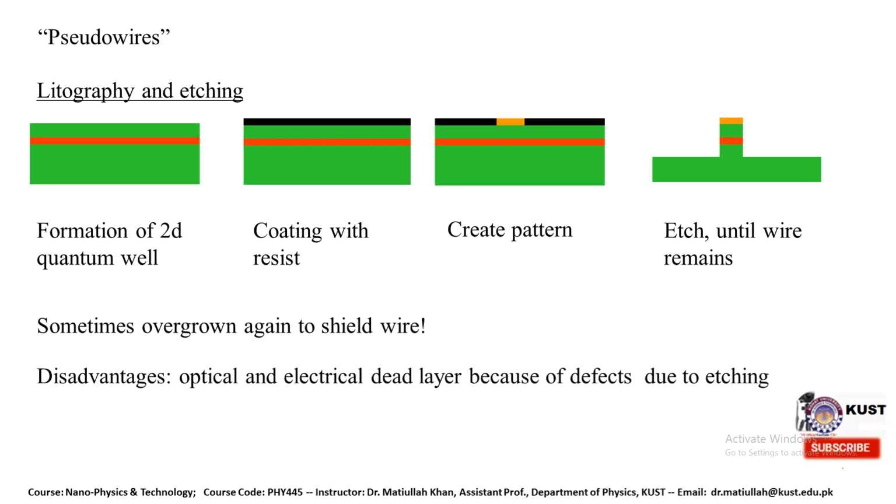In some cases it is overgrown again to shield the wire, and the disadvantage of such wires is that they have an optical and electrical dead layer because of defects due to etching.